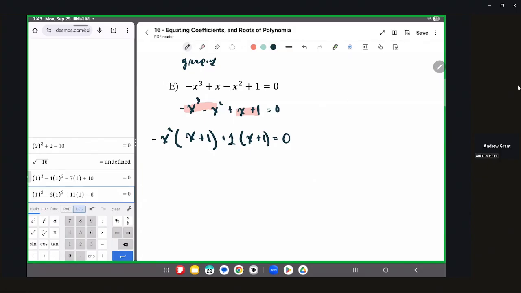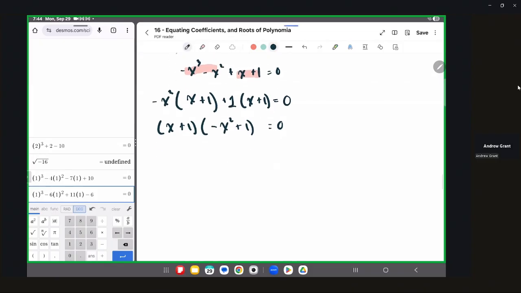And so we can binomial factor, and so we're going to have x plus 1 times negative x squared plus 1 has to be equal to 0. And if you notice here, we can see that one of our solutions will be negative 1.